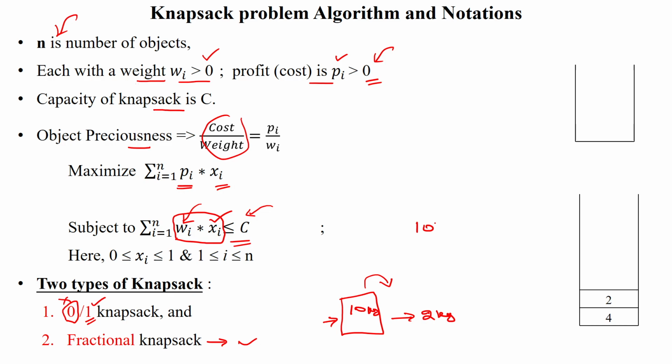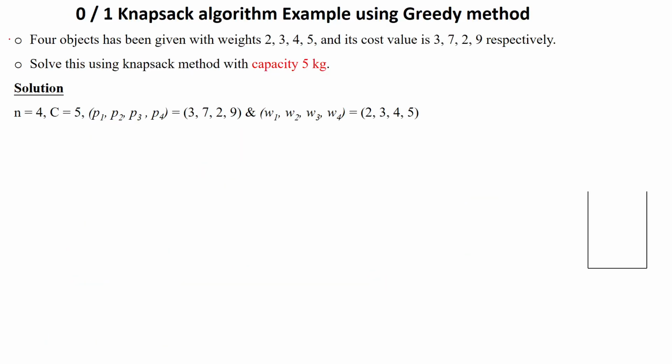If you have a 10 kilogram pack, you have to either select the entire item or ignore it. This is called the 0-1 knapsack problem. Now we will see the example one by one. Here the problem has 4 objects based on the 0-1 knapsack problem. Either you ignore an object or you select it.